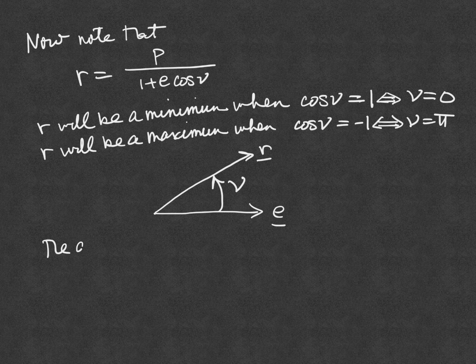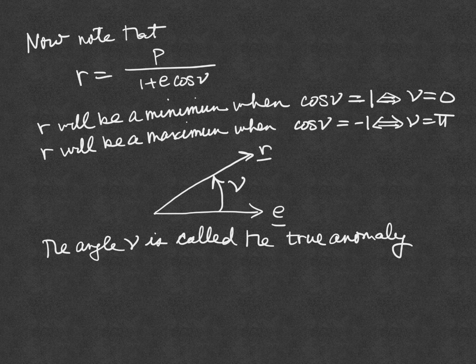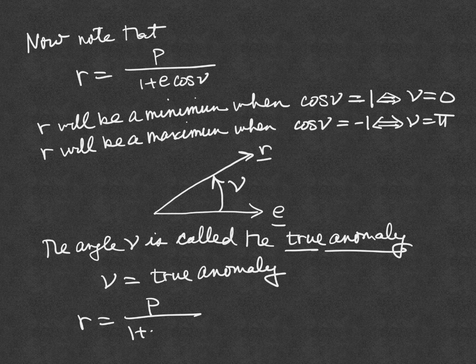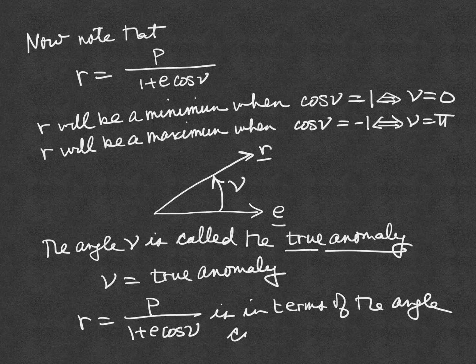The angle nu is called the true anomaly. So nu is equal to the true anomaly. So then the orbit equation, R is equal to P over 1 plus E cosine of nu, is in terms of the angle called the true anomaly.